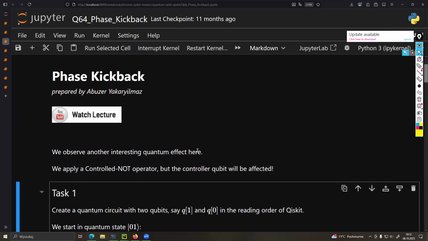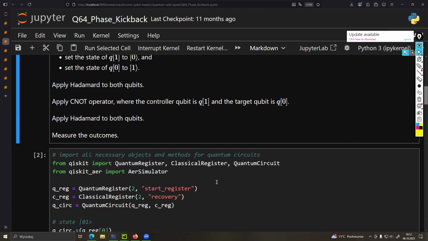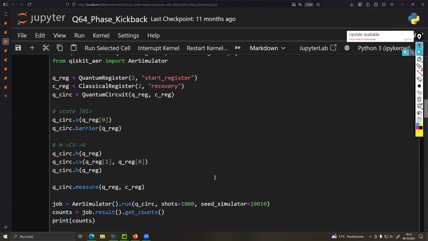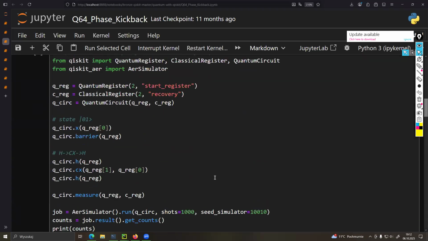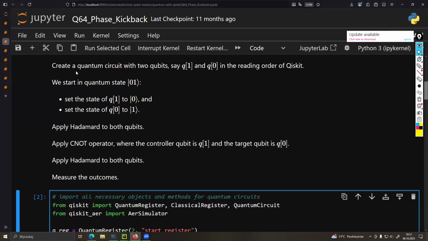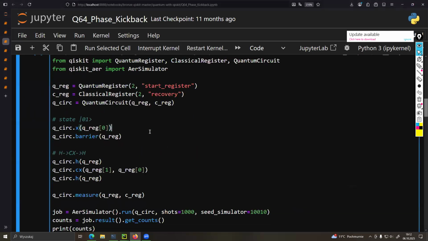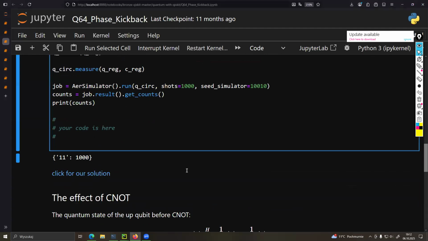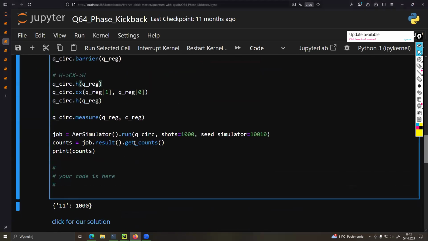So what is the phase kickback? Sometimes after applying a certain operation, what we get is not exactly what we would expect. And this is exactly one of these situations that only happens in the quantum environment. So let me print this circuit.